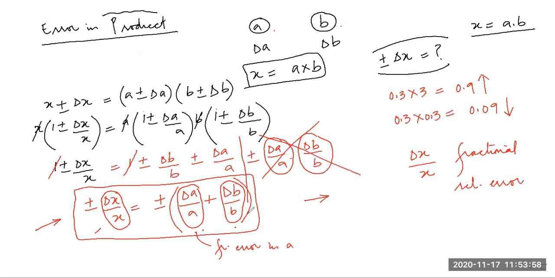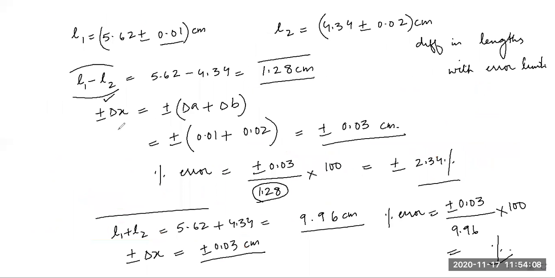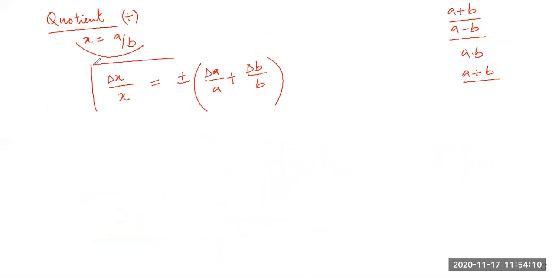Simply add them. That's all. So when you have two quantities and you want to divide them, they have their own errors, so the resulting fractional error would simply be the sum of the fractional errors of the individual quantities.